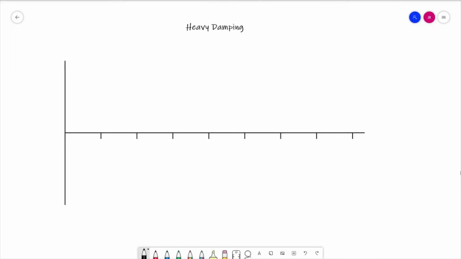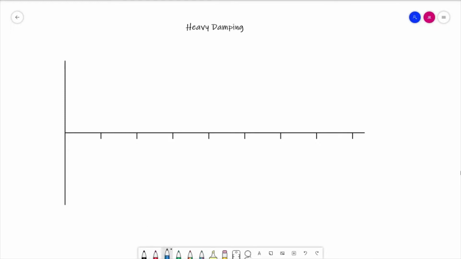Just to give you a sort of silly example, if we were to take a simple pendulum or a mass on a spring, and instead of having it oscillating in air with very low resistive forces, very low damping forces, we instead put it into something like treacle or golden syrup, something with a very high viscosity, then that's going to give a very large damping force.